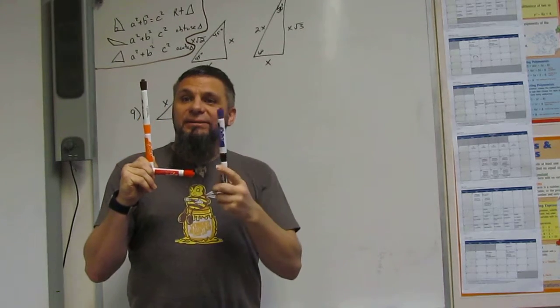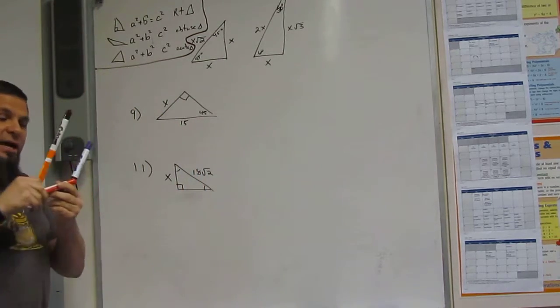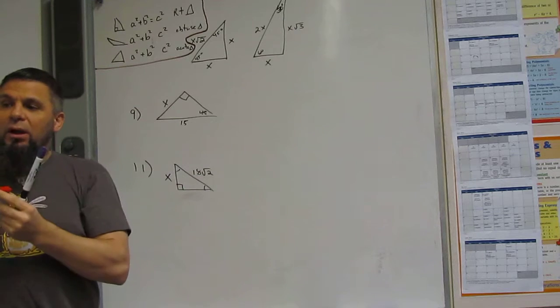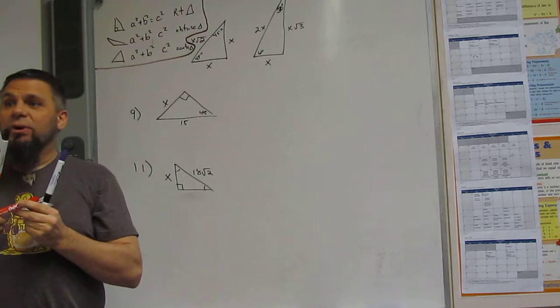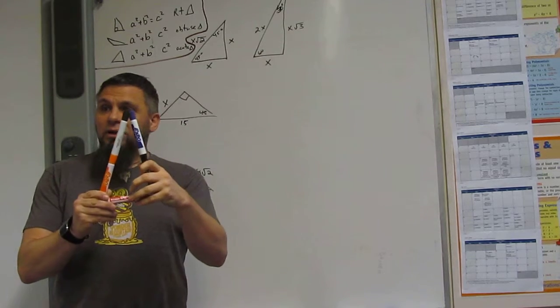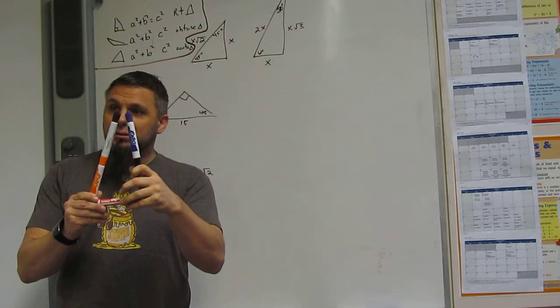Now if it were less, if this side, from here to here, were less than the square root of 5, this would be what we call an acute angle, or acute triangle. Okay?